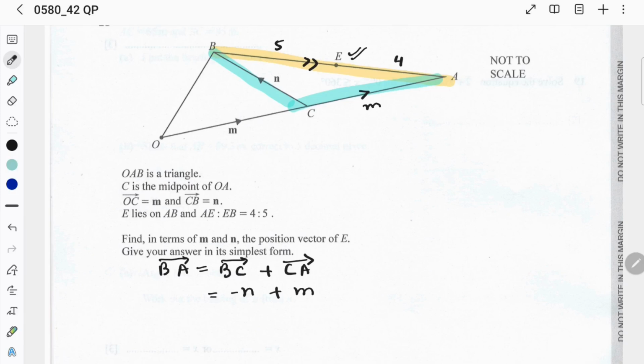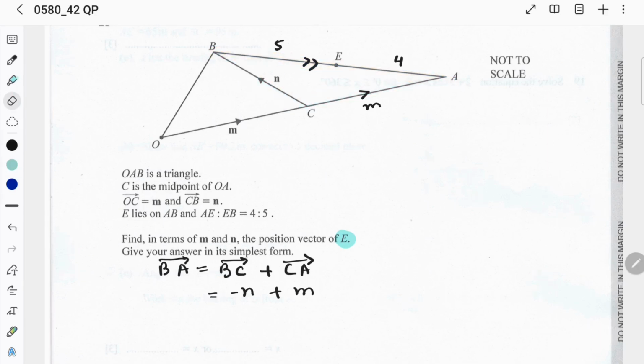Okay. So the position vector of E is required. It means OE is required. Alright. So for OE, we have already found BA. You can easily go two ways over there.